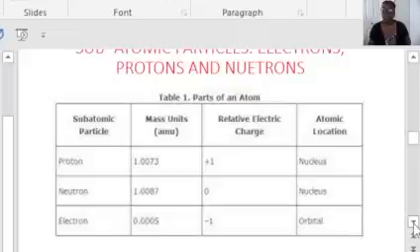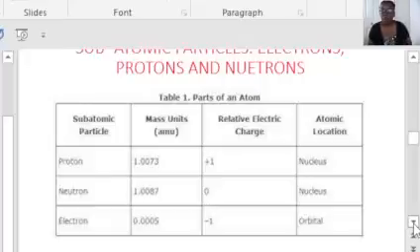Now the proton has a positive charge, while the neutron is zero, neutral, so to speak. And both of them are found in the nucleus, and we did discuss that before. The electrons are found on the outer shell, referred to as the orbital, and we're going to talk about that in the following slides.